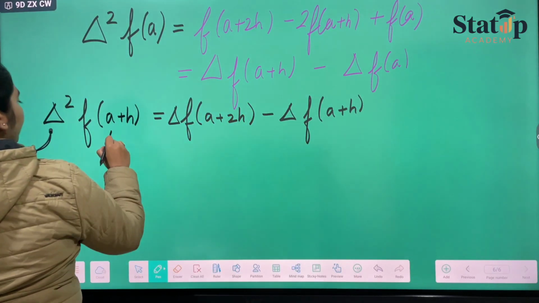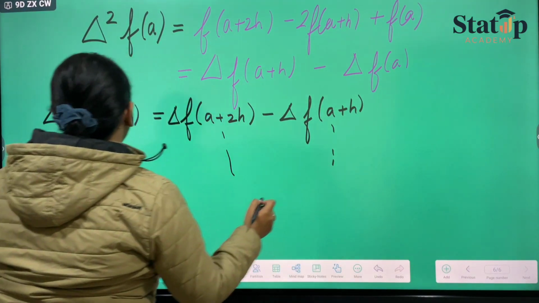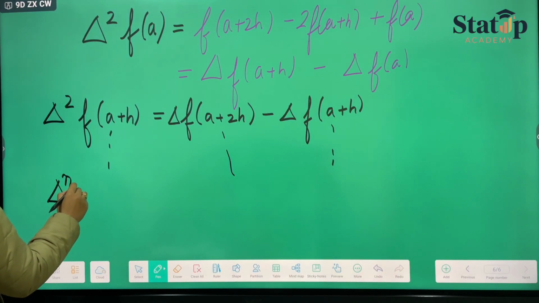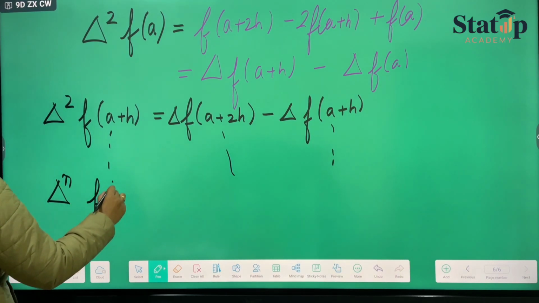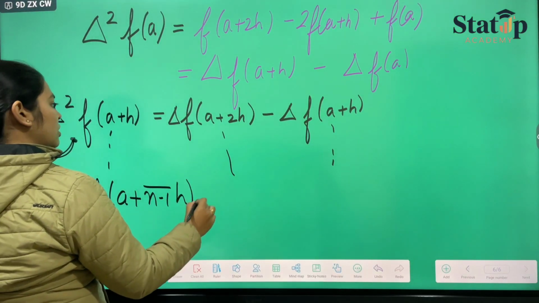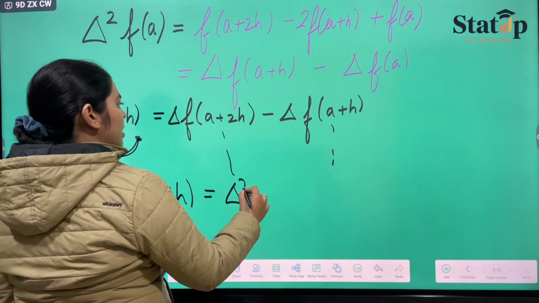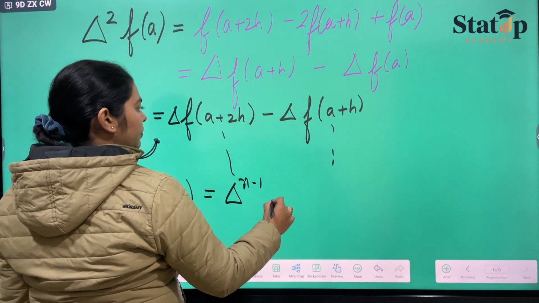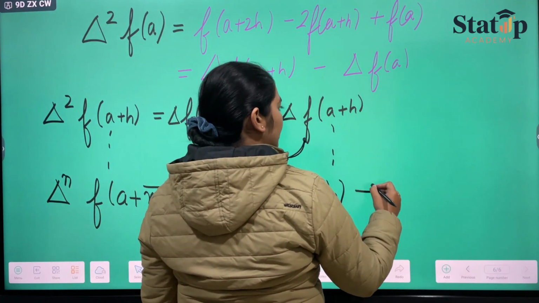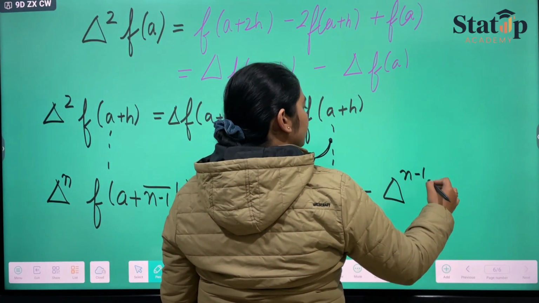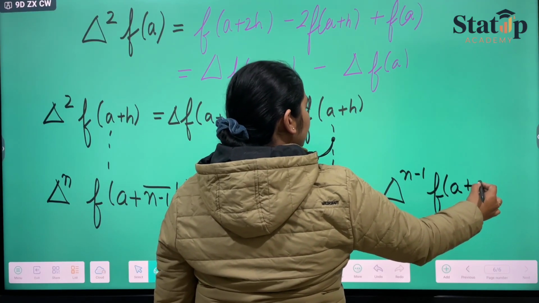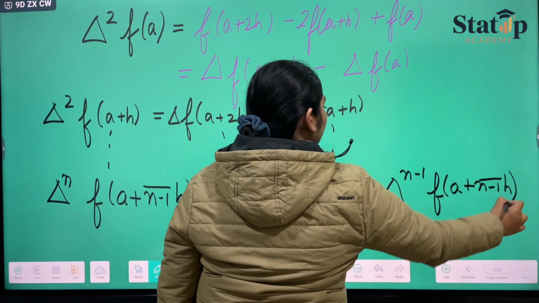And similarly, if we go on like this further, then delta n f(a+(n-1)h) should be equal to delta n-1 f(a+nh) minus delta n-1 f(a+(n-1)h).